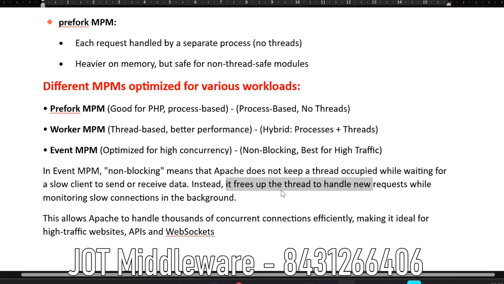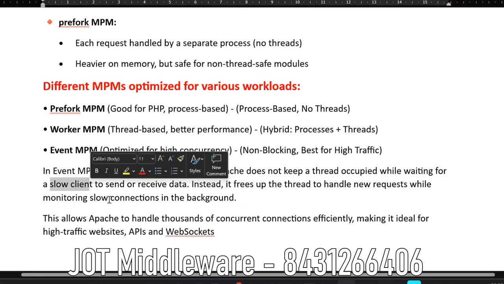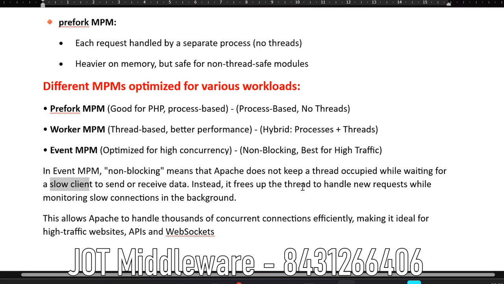So it frees up the thread from the current slow client, or the thread which is in a waiting period, and it will free up to handle new requests while monitoring slow connections in the background. So that is non-blocking IO.